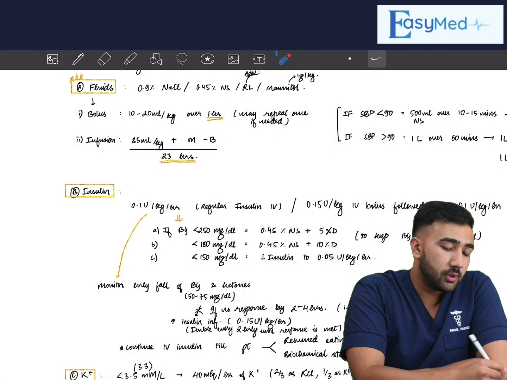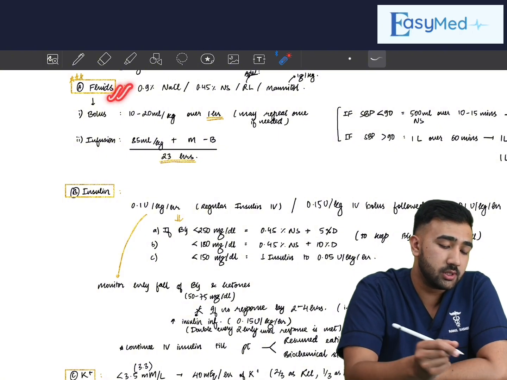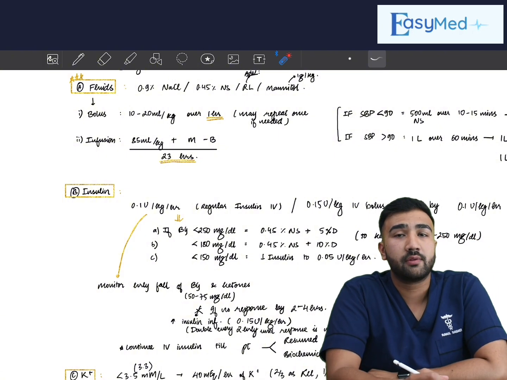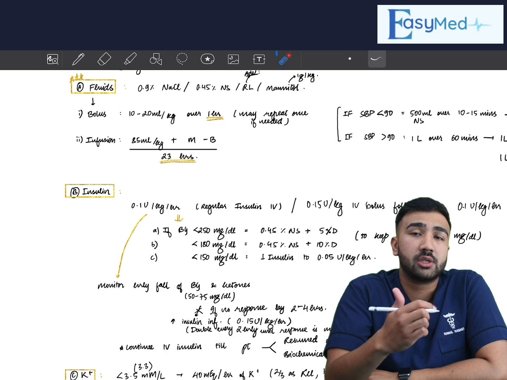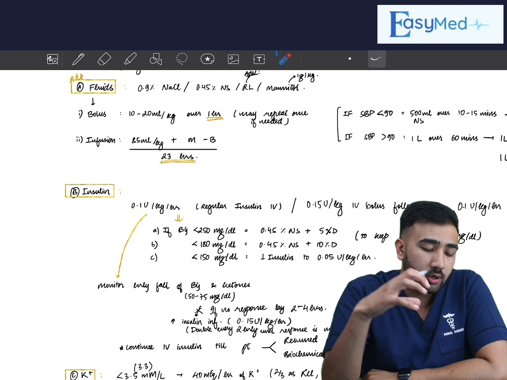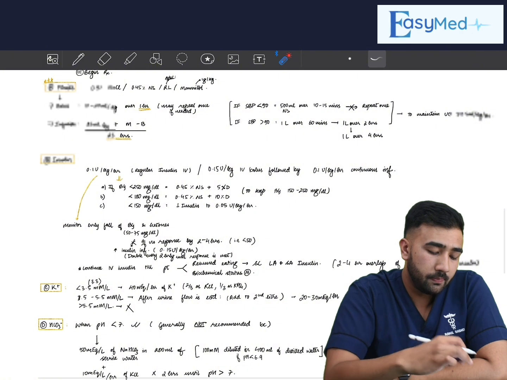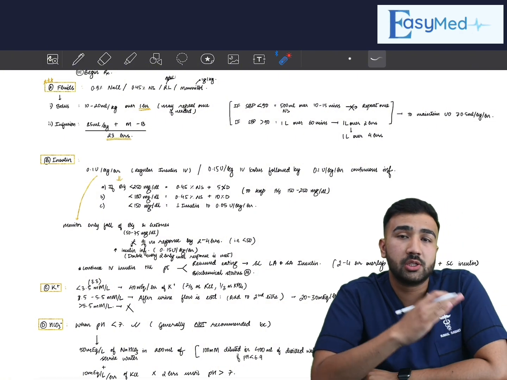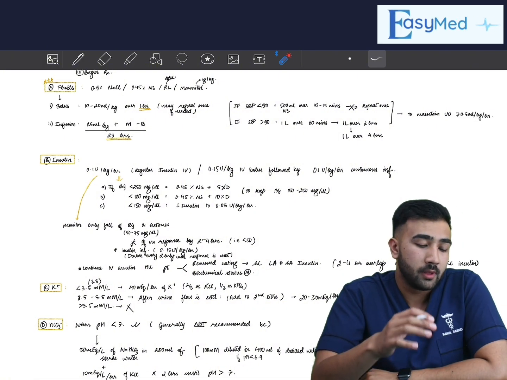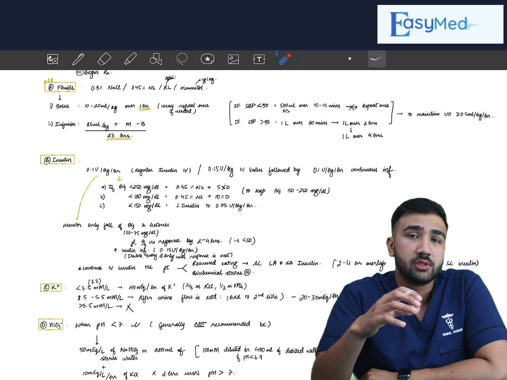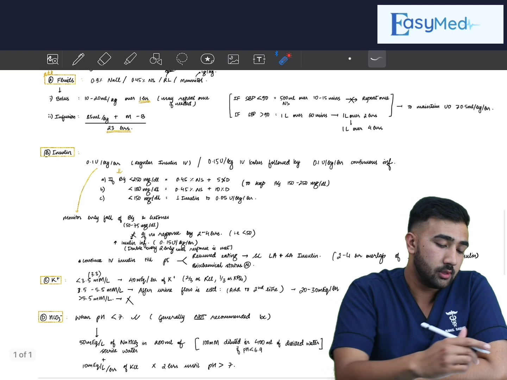I have compiled this management from different books like Davidson, Harrison, and Nelson, combining them into one management. So you can either follow this one, or we'll talk about the management in each book separately as well, along with the similarities and differences.